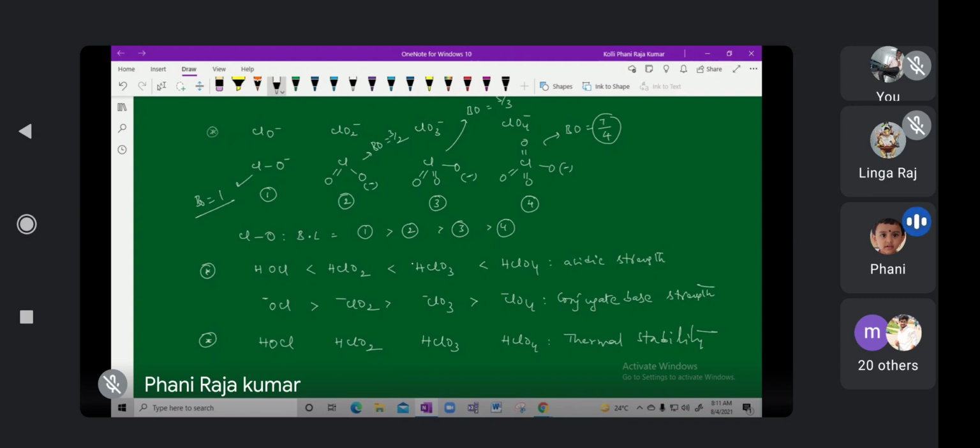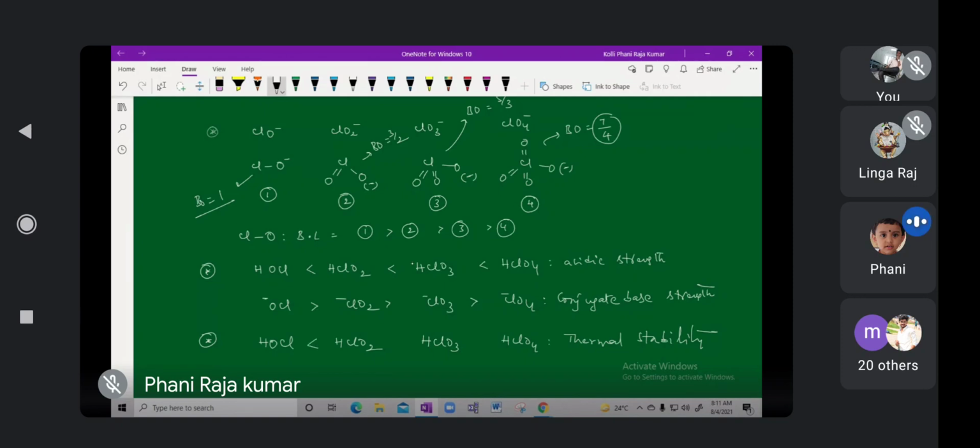For ionic compounds, thermal stability depends mainly upon lattice enthalpy. So for covalent compounds, bond enthalpies you have to compare. Out of these 4 compounds, in HClO4 we have more number of multiple bonds. More multiplicity is there. Therefore, for breaking bonds in HClO4, we require more energy. That means HClO4 is thermally more stable.